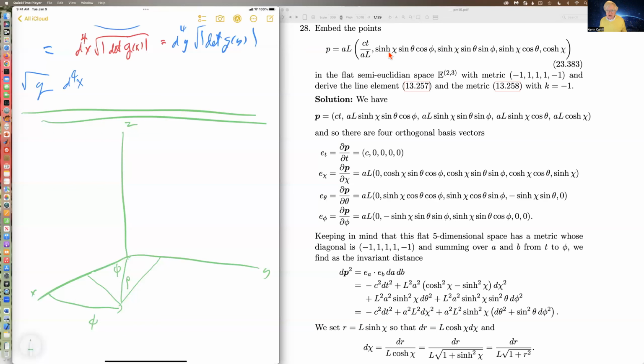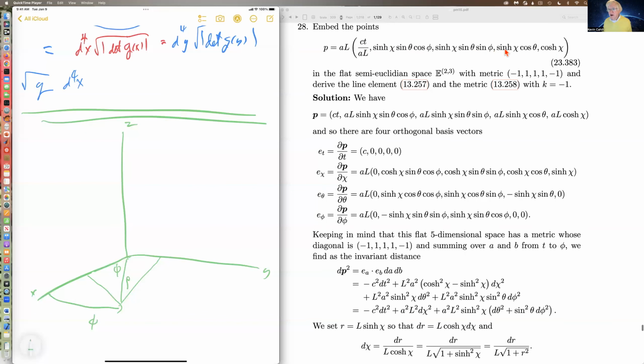The derivative of sinh is cosh, so we get a 0 for the first entry, and then cosh chi sine theta cos phi, cosh chi sine theta sine phi, cosh chi cosine theta, and sinh chi. That gives us this vector E chi.